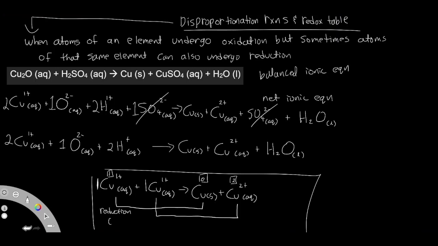So this here would be reduction. Okay, this means that there was a gain of an electron. Okay, gain 1 electron. However, this one, okay, this 1 plus went to this 2 plus. Obviously, it went up in oxidation number, which is oxidation. Okay, which means it lost 1 electron.